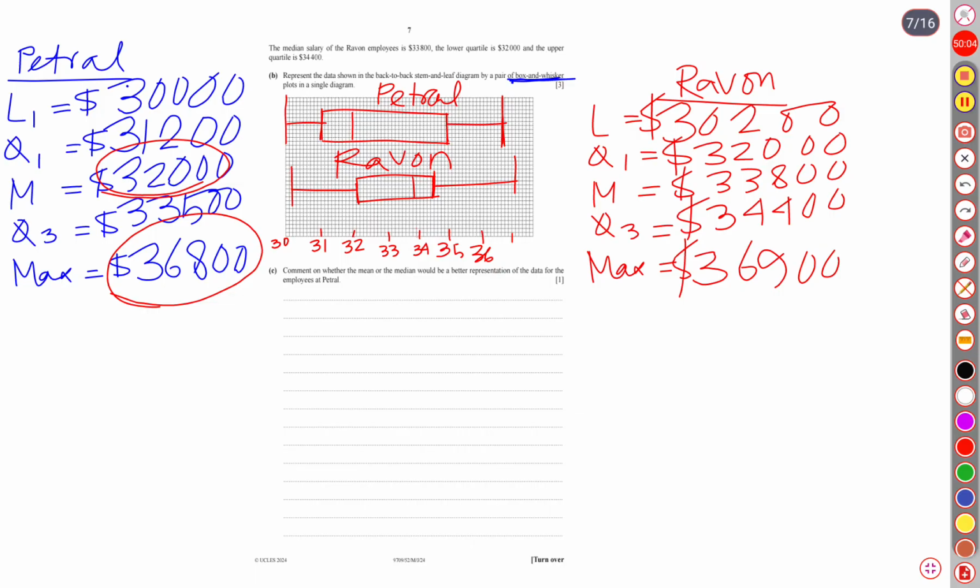median would be the better, because as there is an extreme value, this extreme value will not show the more accurate mean. So for better representation, we will opt for median, because actually there is an extreme value. If we use mean, it will not be as accurate as the representation of median.